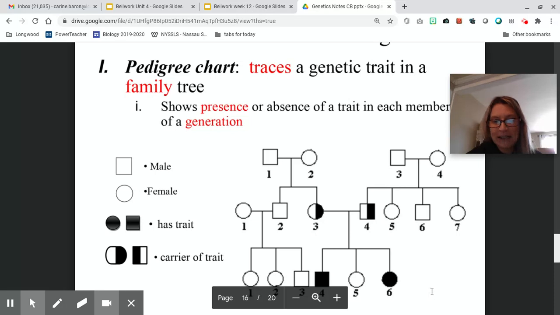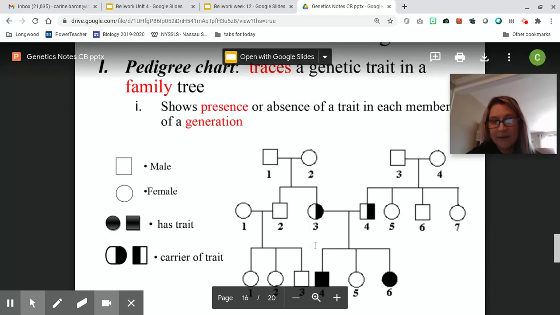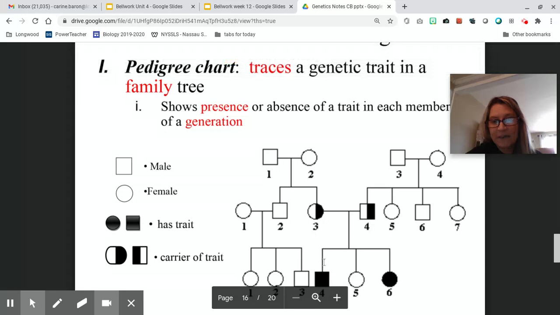Well, if I follow this back and I look at this number 4 over here, I can tell you that that person has the trait because they're completely colored in. I can tell you that their parents were heterozygous, which means they carried the trait. They didn't show it, and they gave it to person number 4, their son. If I go back, this is their mom, this is their dad.